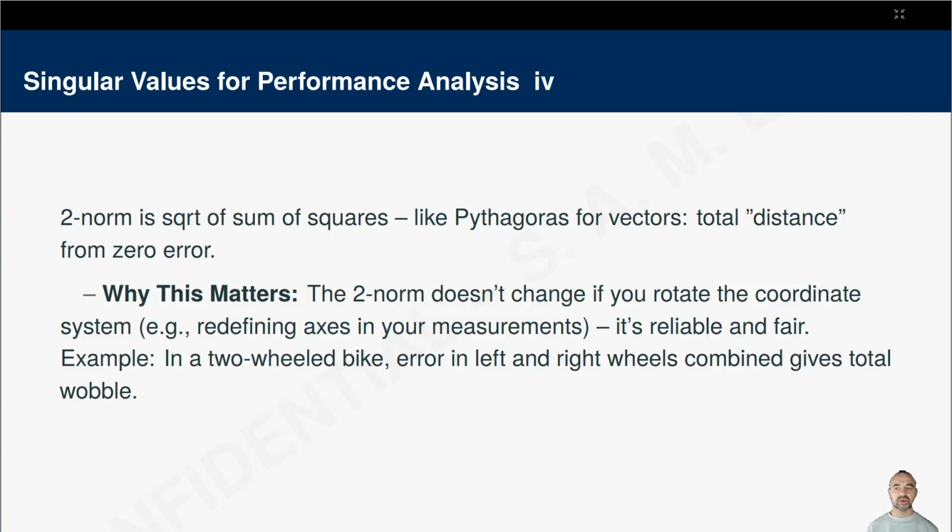If you think about it this way, if each of the left and right wheels has an error, then these errors might result in a larger error, or they might somehow partly correct each other, but it might result in a sum that's different. That describes the total wobble of your bicycle.